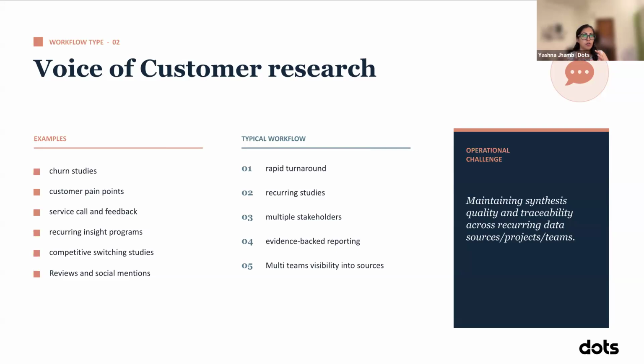So it's not just a study for a research team, it could be for a product and program team also. How does that research be available for different stakeholders? And the idea, the challenge, and something that we are solving for is maintaining that synthesis quality and traceability across those data points and bringing all of them in one place.